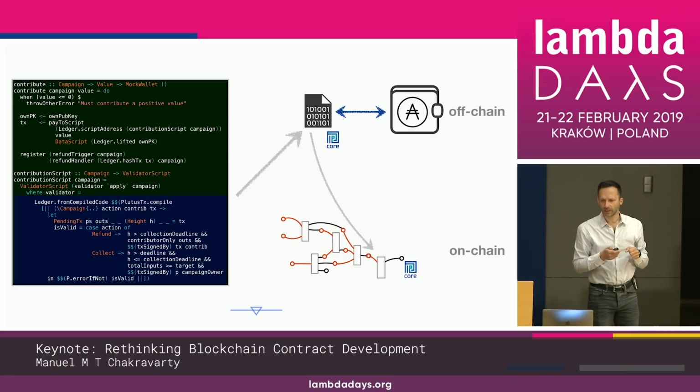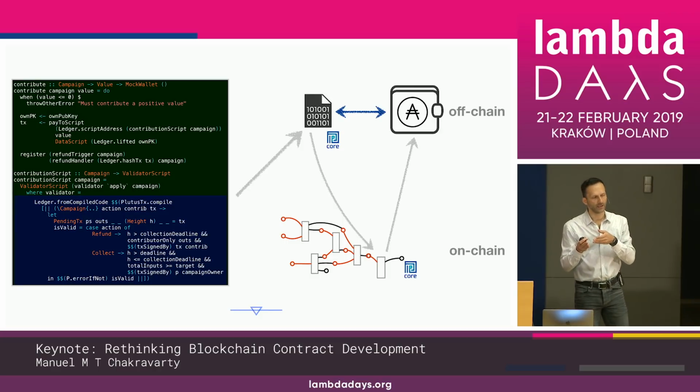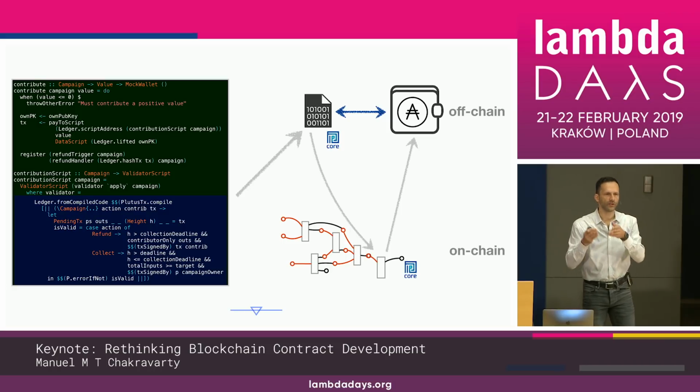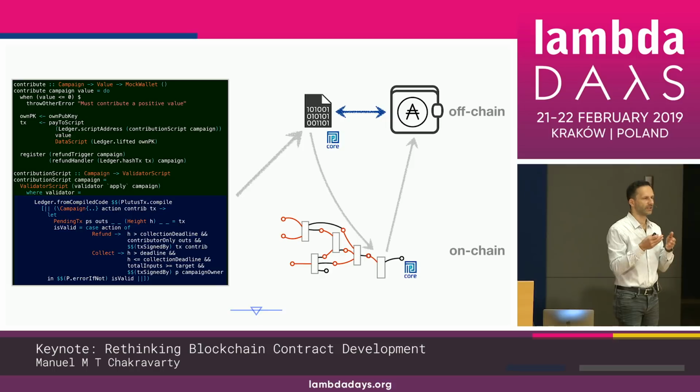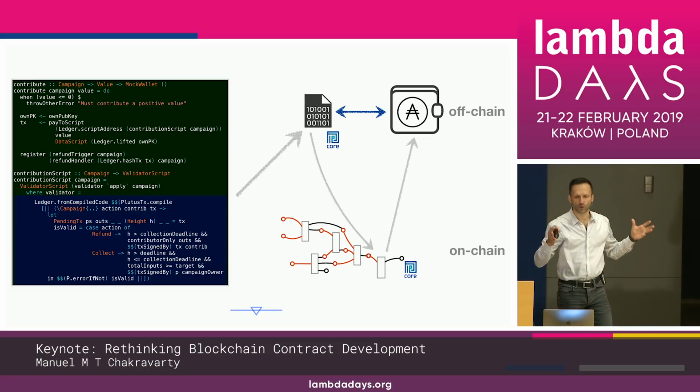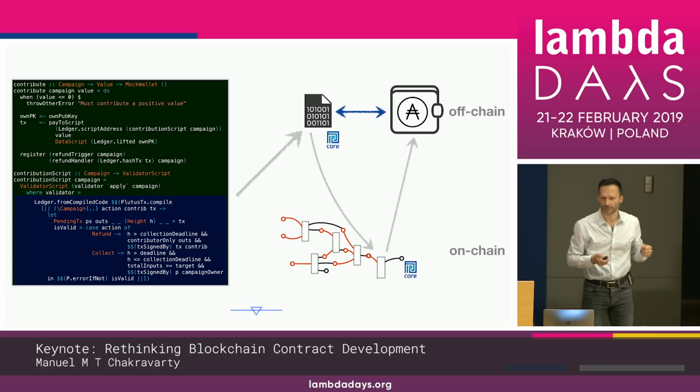And if somebody wants to spend that, then they have to validate against that Plutus Core validation code. And also the offline wallets are notified of new transactions coming in because they may trigger one of these callbacks, these events, which we've seen one of, where we registered for checking after the campaign deadline whether a refund is possible. So that's the overall setup of the system and how the two levels fit together.